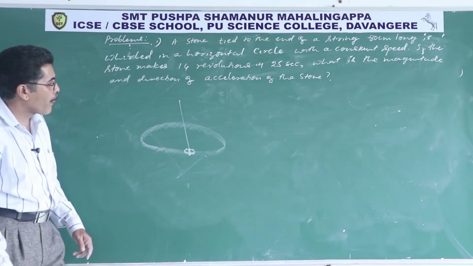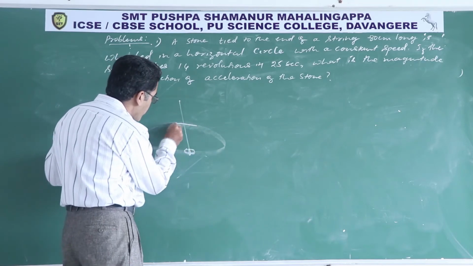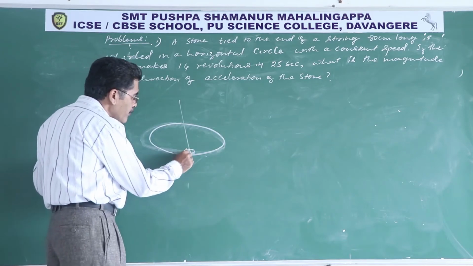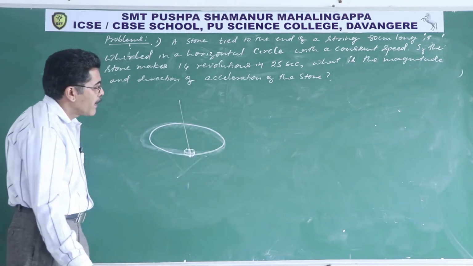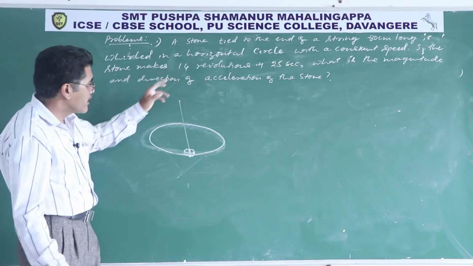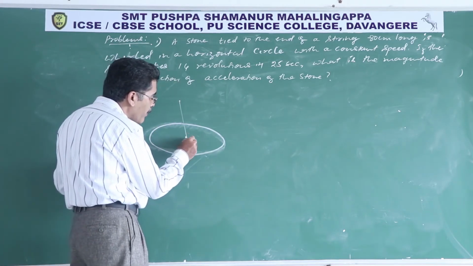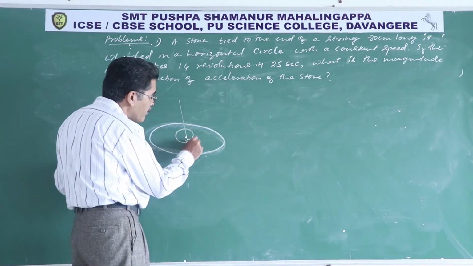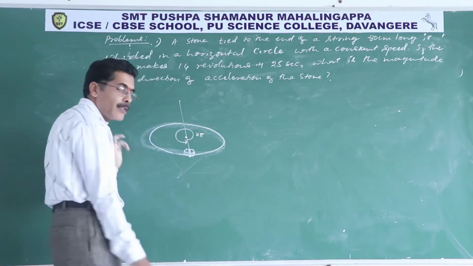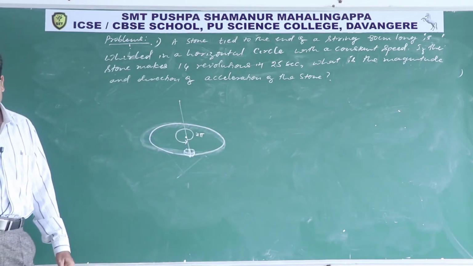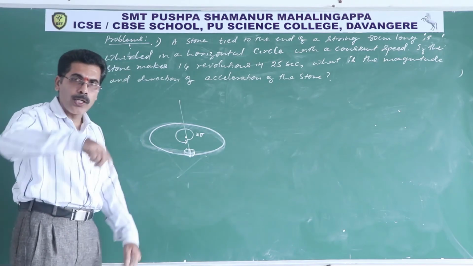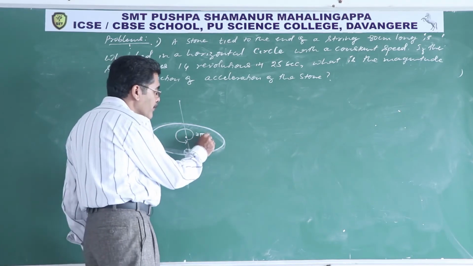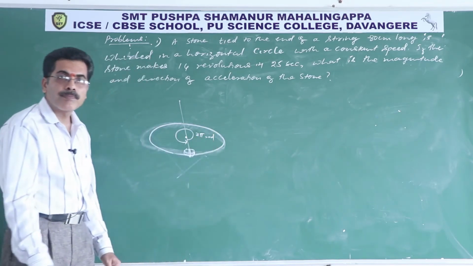Suppose it makes one complete rotation starting from here, what is the angle swept? 2 pi or 360 degree. For one revolution, the total angle swept is 2 pi radian. For 14 revolutions, you have to calculate.